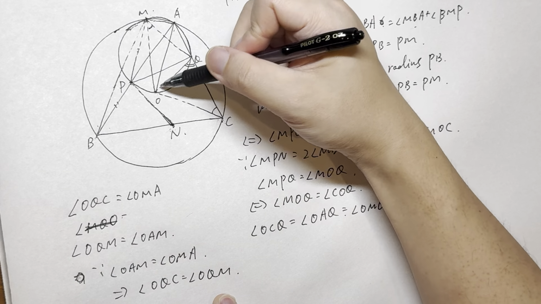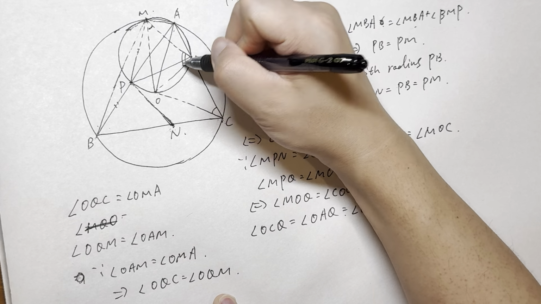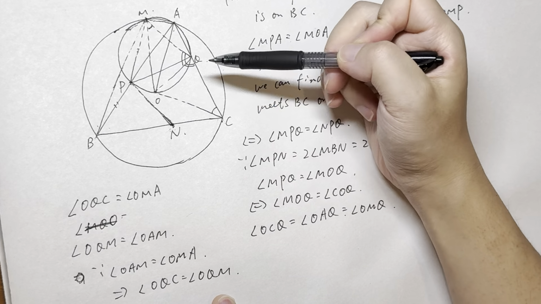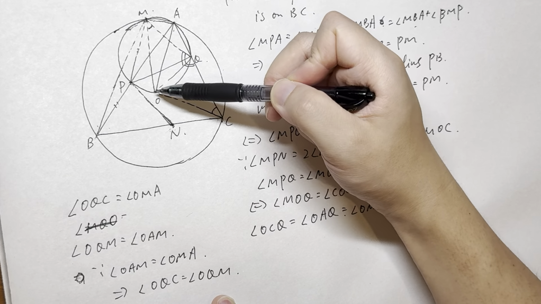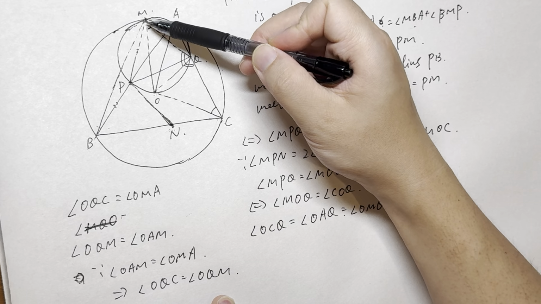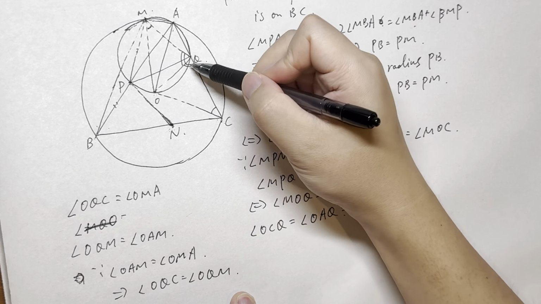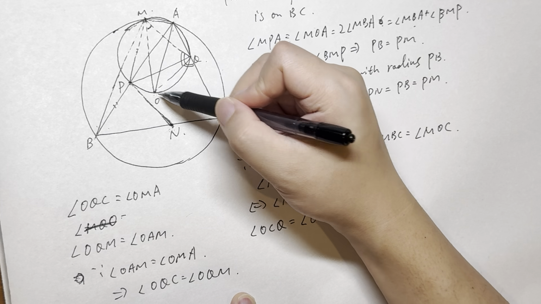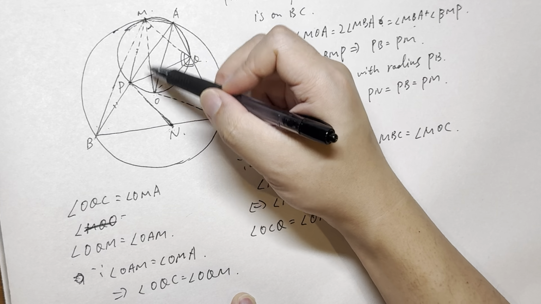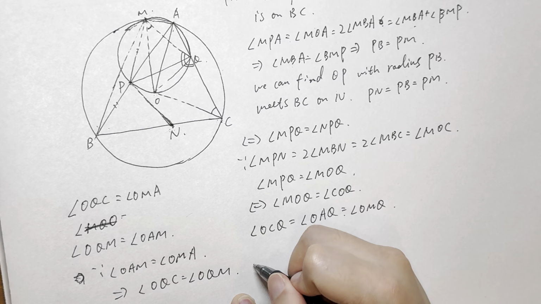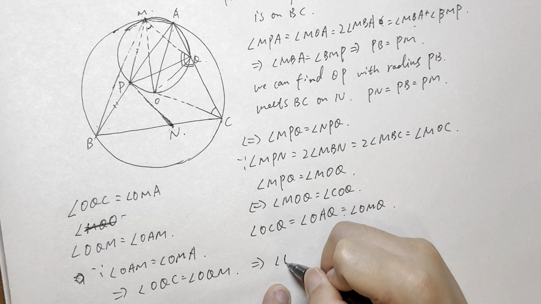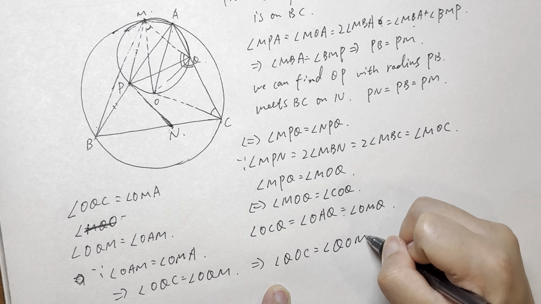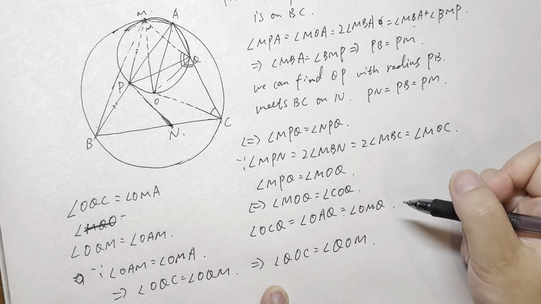Now we know that angle OQC equals to angle OQM. So in the triangle OQC and the triangle OQM, angle OQC equals to angle OQM and angle OCQ equals to angle OMQ, which means angle QOC equals to angle QOM, right?